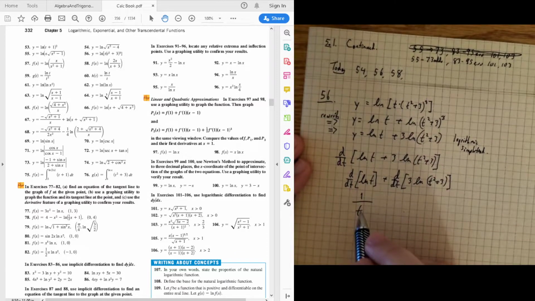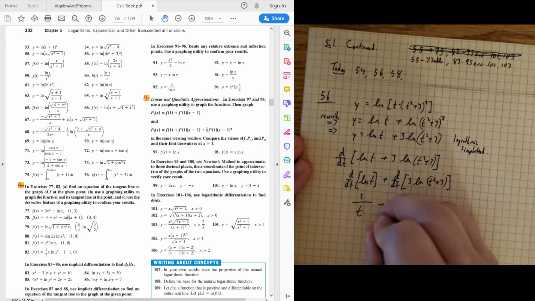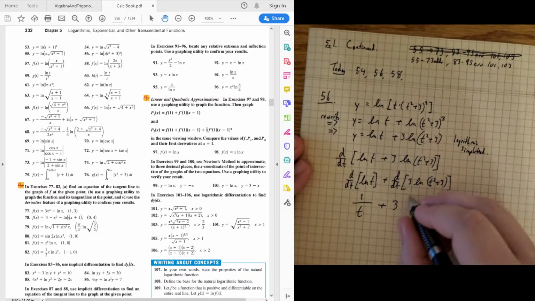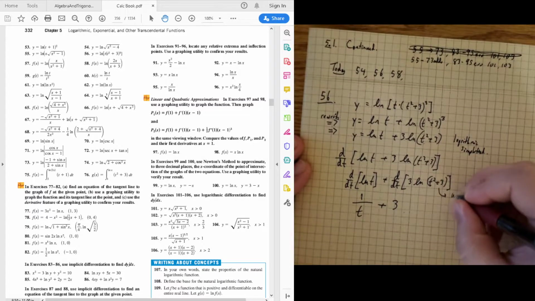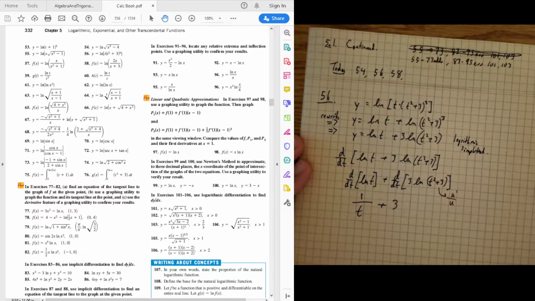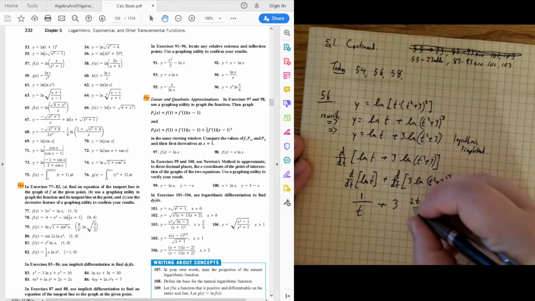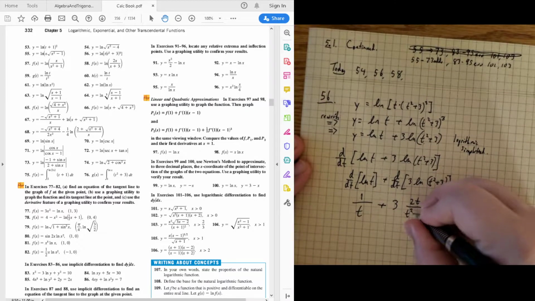Use the basic derivative rule to simplify the first one. The derivative of the natural log of a variable is 1 over the variable, plus the 3 moves out front, and then we do u prime over u. So u prime would be 2t over u, t squared plus 3.